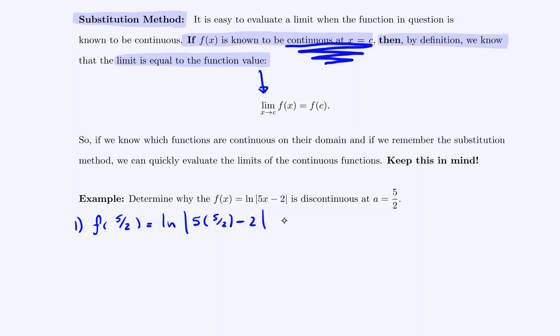So everywhere there's an x, we plug in a 5/2. 5 times 5/2 would be, and here I just recognized a small typo. If we would correct this, this was supposed to be 2/5.